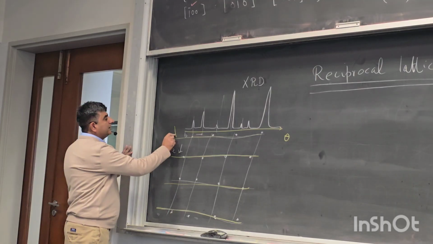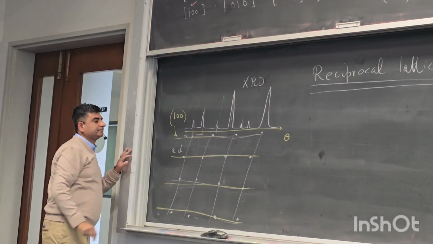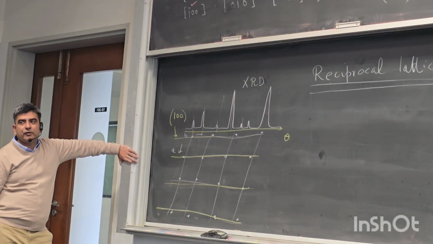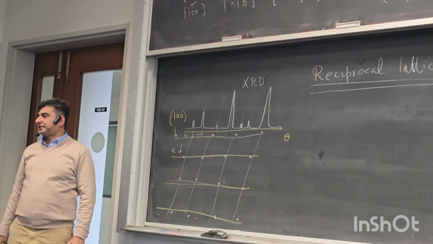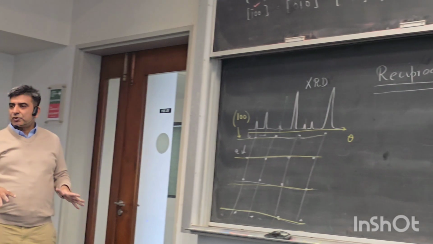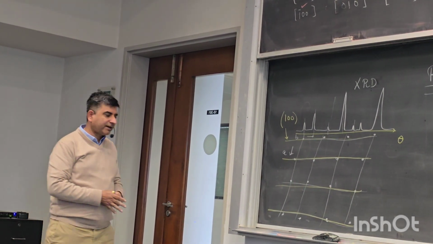So these are the 1, 0, 0 planes. Now, this is what is called a direct lattice. This is a structure, the matter is juxtaposed on the direct lattice. The matter is the direct lattice.